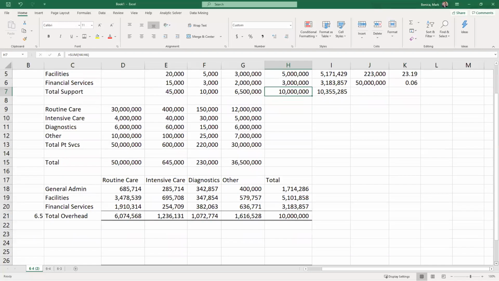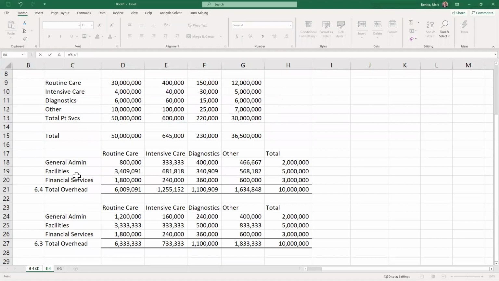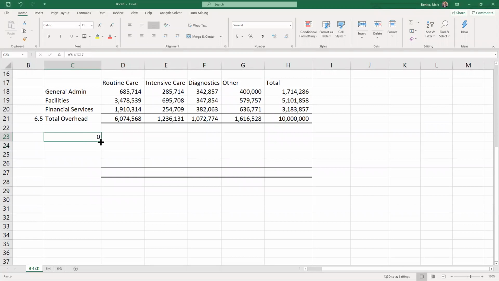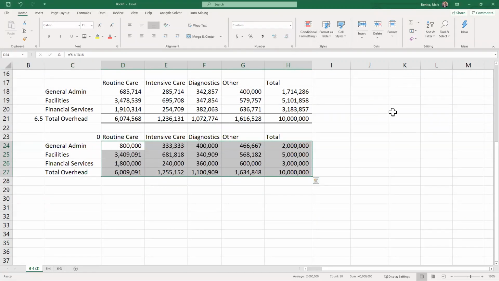So we said we used salary dollars for general administration, housekeeping hours for facilities, and revenues for financial services. So let's go over there and grab the outcomes from 6.4, so we can make a comparison.